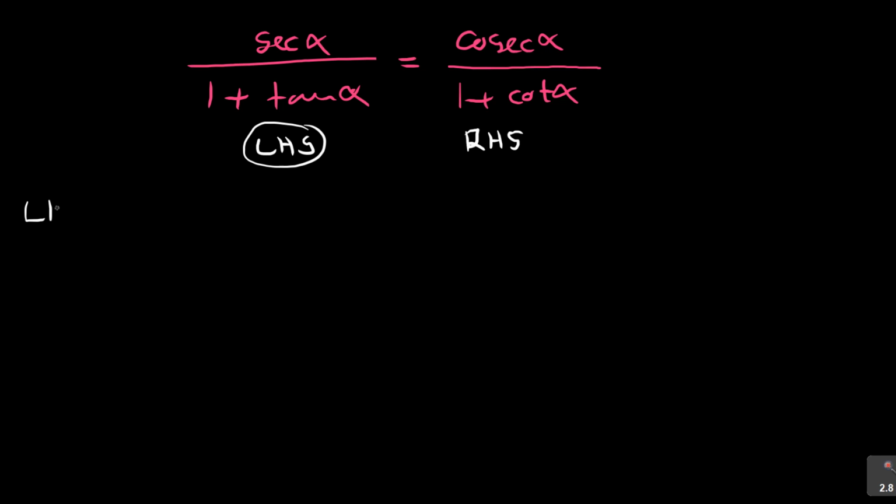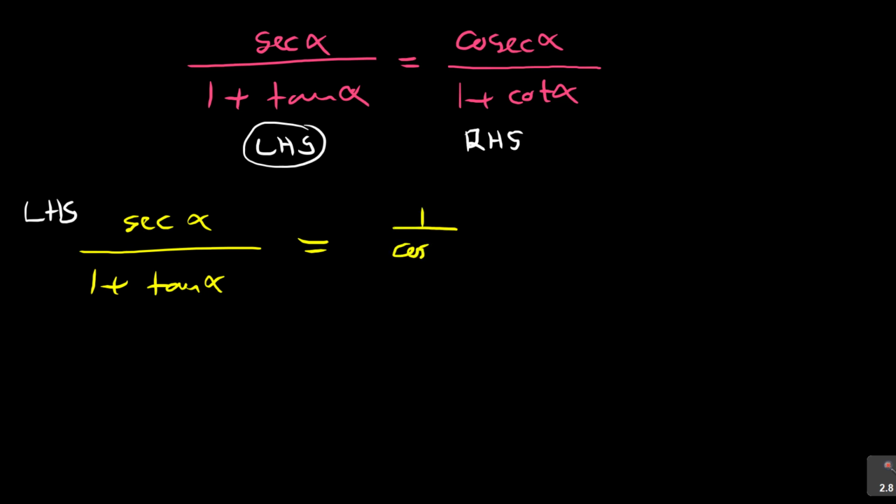If I rewrite the left hand side, it is sec alpha over 1 plus tan alpha. Now sec is 1 over cos alpha, all over 1 plus tan, which is sine alpha over cos alpha.